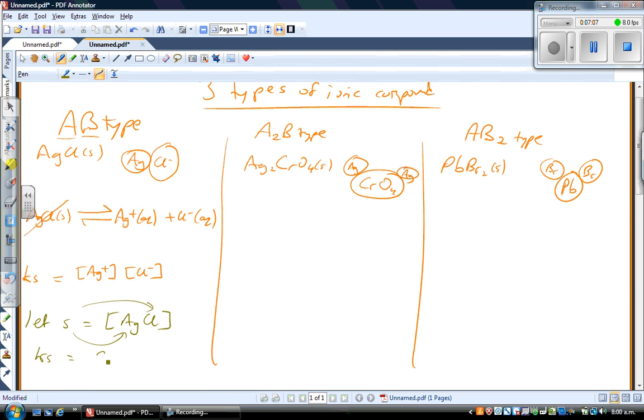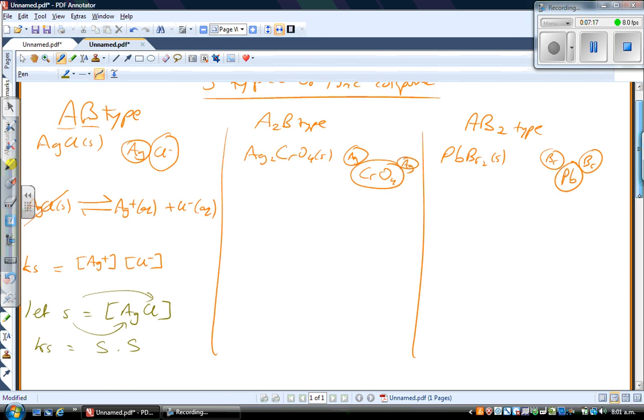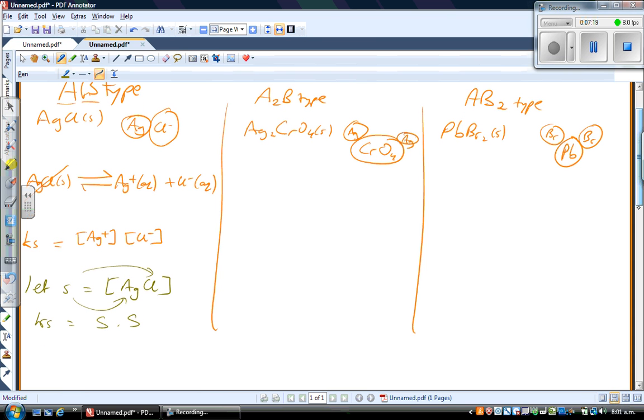So S represents the concentration of Ag+, and S also represents the concentration of Cl-, because you get 1 mole of each of those ions per mole of your starting ionic compound. Therefore Ks is equal to S squared.